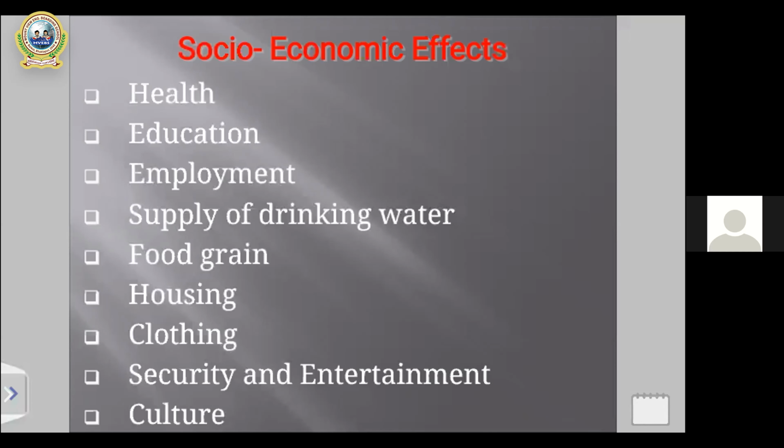Culture reflects our identities in our community. Nepal is rich in culture, tradition, festivals, and many more. But because of rapid population growth, it adversely affects the different heritage sites.